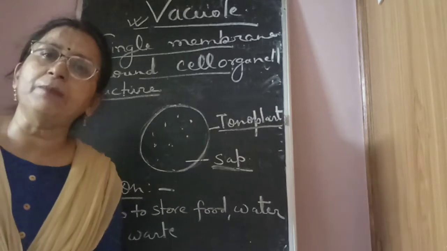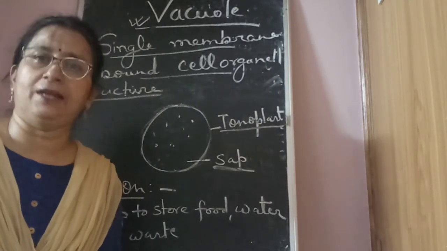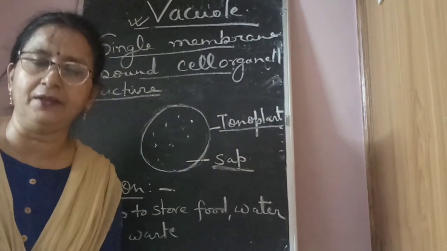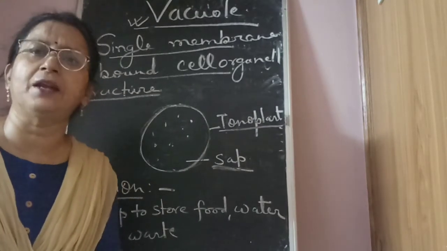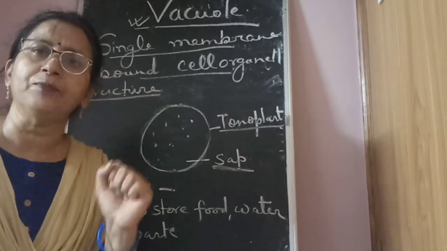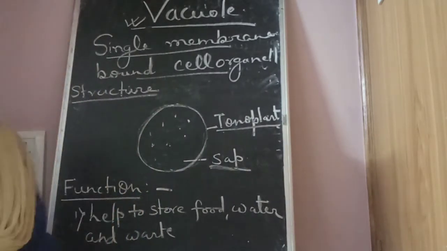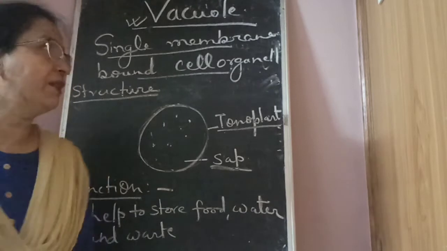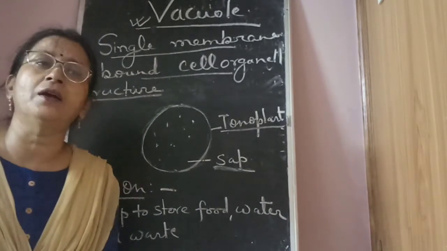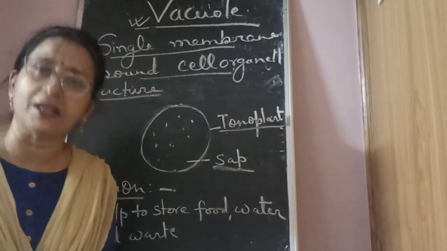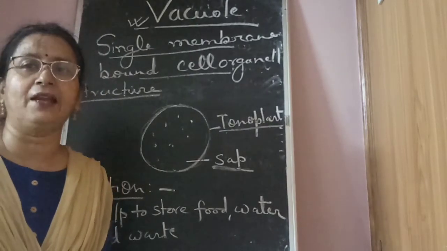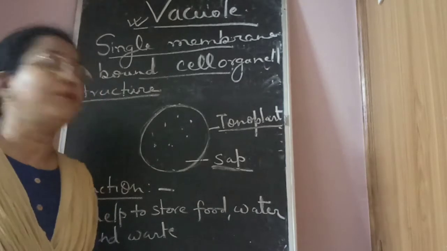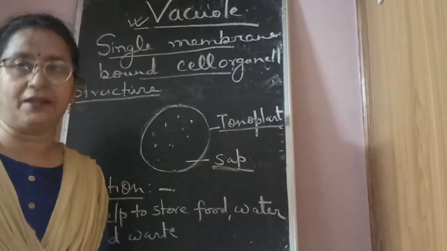Actually, in primitive groups of animals, vacuoles are present and their number is not one, it is many in number, but their size is very small. But in case of plants, when we see vacuoles in younger plant cells, you will find these vacuoles are many in number.